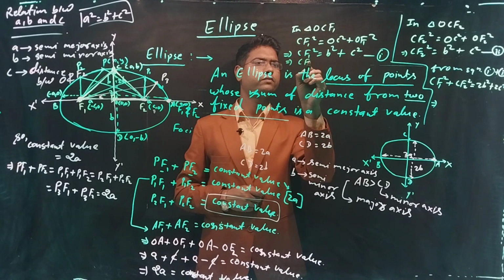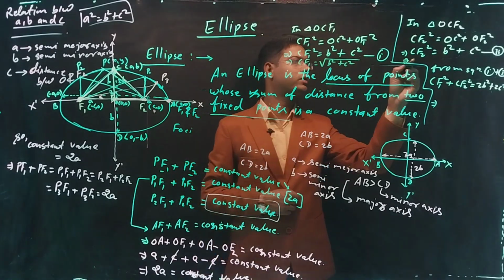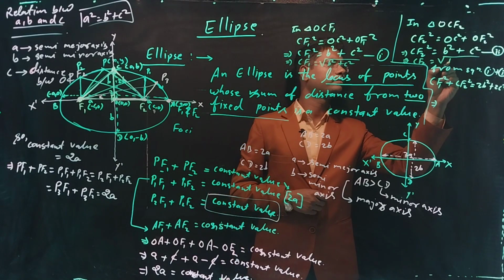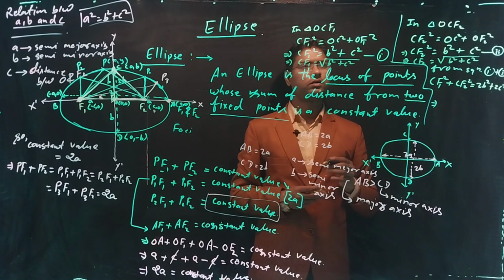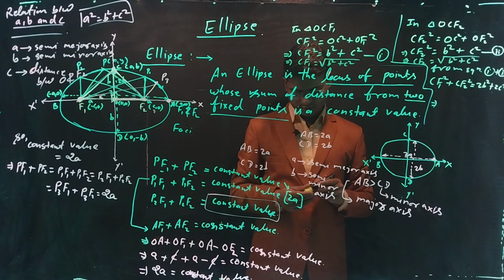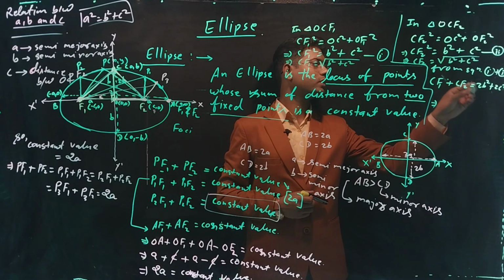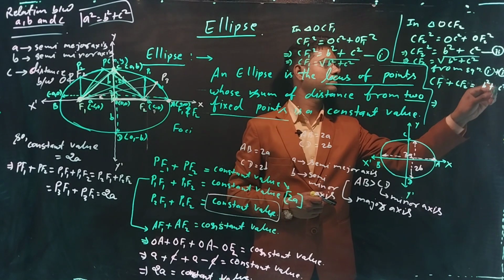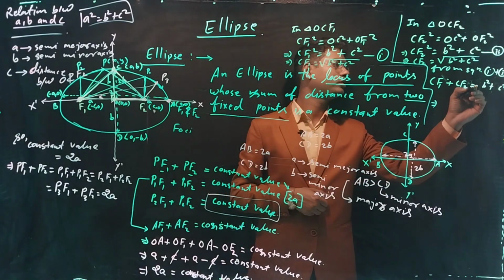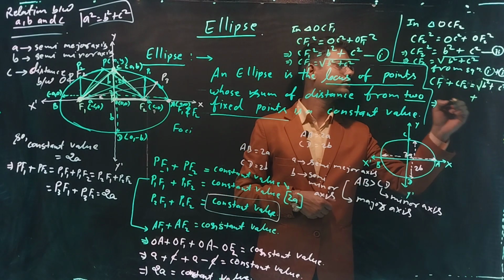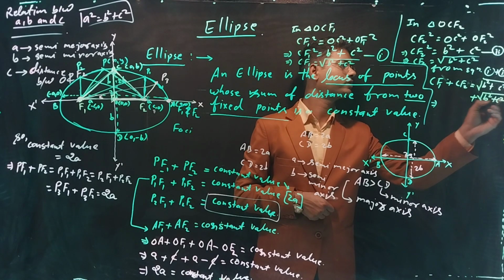Then CF1 will be under root B square plus C square, and similarly CF2 will be under root B square plus C square. If we add both equations, then we will get CF1, which is under root B square plus C square, plus CF2, which is again under root B square plus C square.